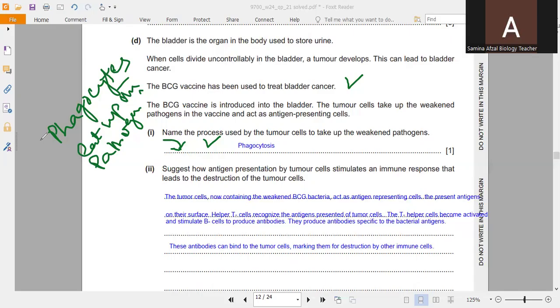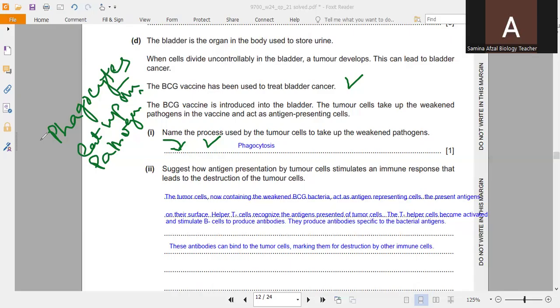These cytotoxic T cells become activated and directly attack and kill the tumor cells displaying the antigens. B cells stimulated by helper T cells produce antibodies specific to the bacterial antigens, also to the tumor. These antibodies can bind to the tumor cells, marking them for destruction by other immune cells.